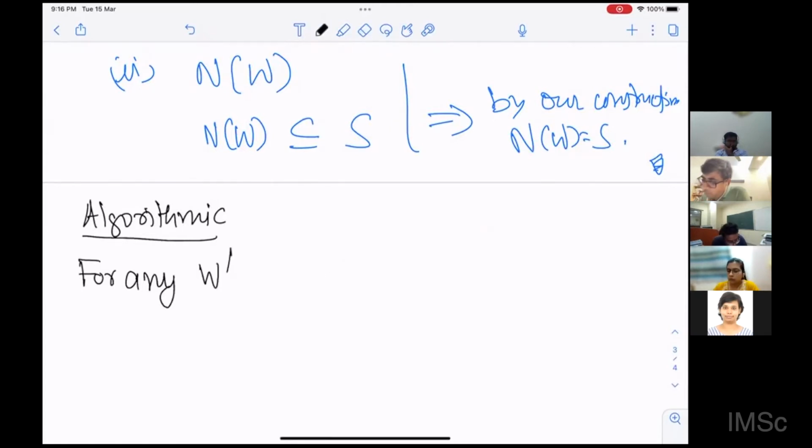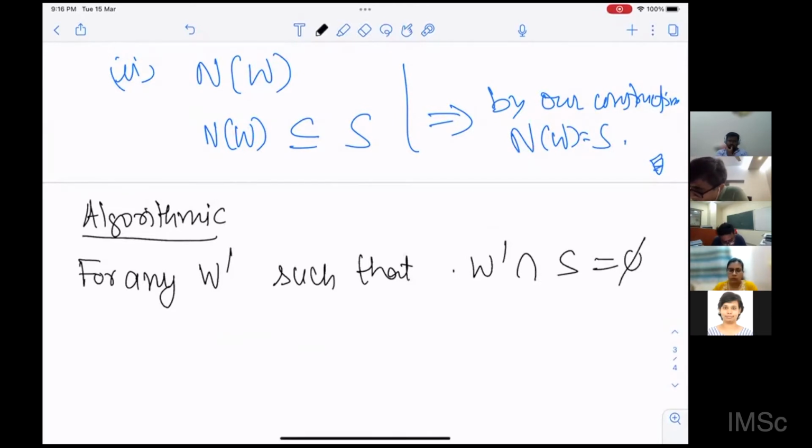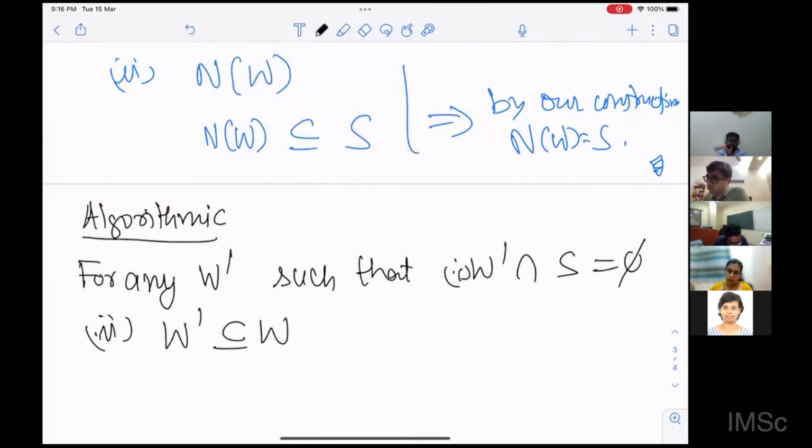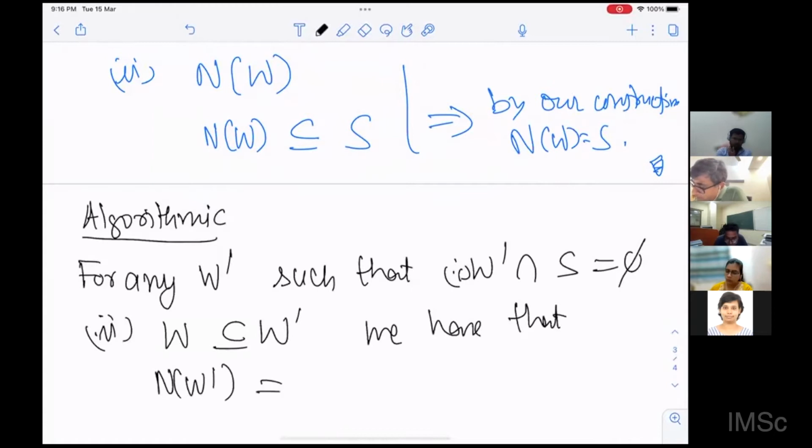For any W prime such that W prime intersection F is empty, and W prime is a subset of W, we have that N of W prime is equal to S.